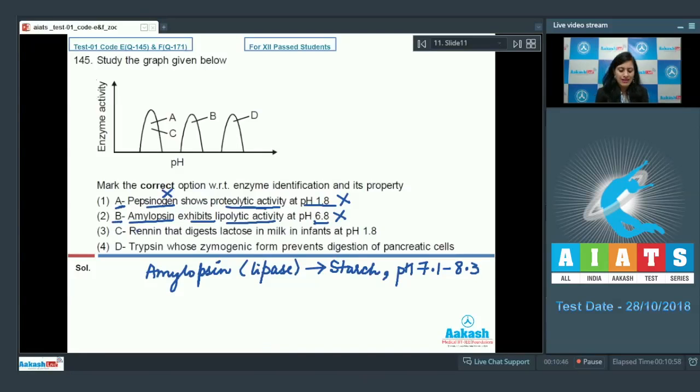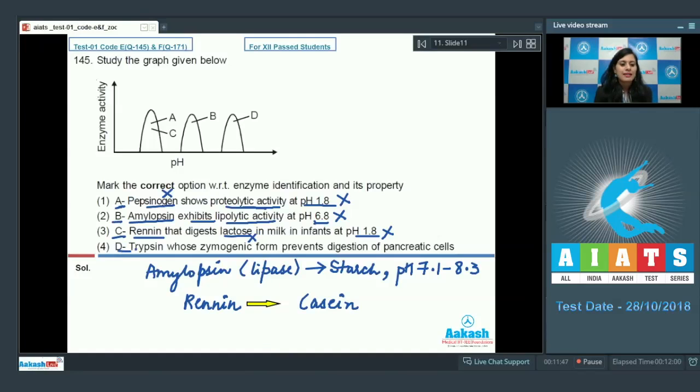The third option given is C. Renin that digests lactose in milk in infants at pH 1.8, and this is incorrect because renin will digest casein and not lactose. This renin will act on casein protein and not on lactose.